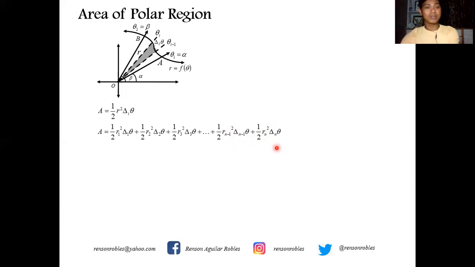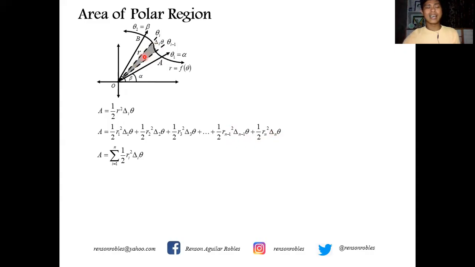Expressing this in summation notation, we have the summation of 1/2 r sub i squared delta sub i theta, where i runs from 1 to n. This gives the best approximation of the area of the entire region in square units.